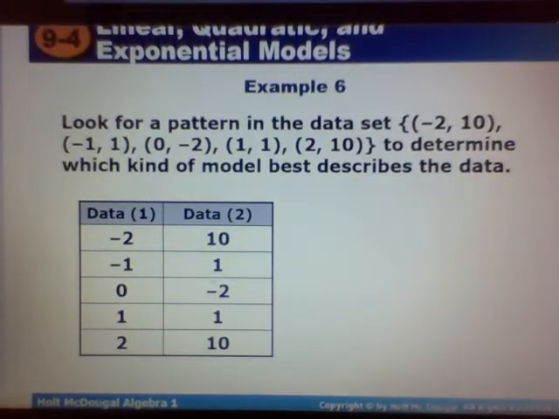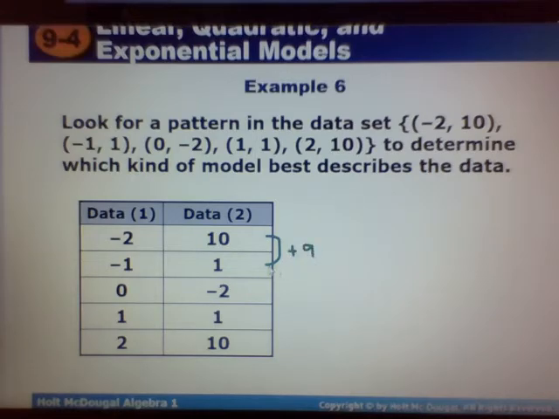All right. We're looking for a pattern in this data set. So taking a look at what we have here. We do have a constant difference between our data over on the left. And then if we look at the difference between the data here, between 10 and 1, we're going to subtract 9.